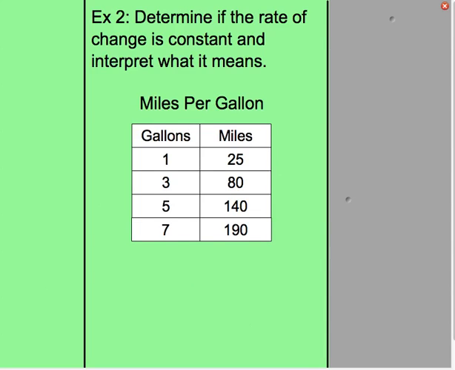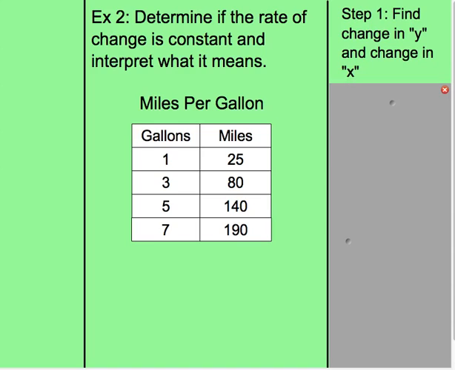Same process, find the change in y and the change in x. Remember, x is always your first column, y is always your second column. So looking here, 80 minus 25 is 55. Here, 140 minus 80 is 60. And 190 minus 40 is 50. Looking at our gallons, we had a plus 2, plus 2, plus 2.